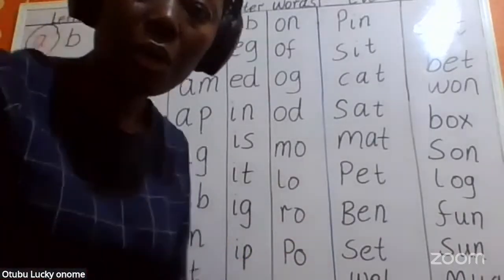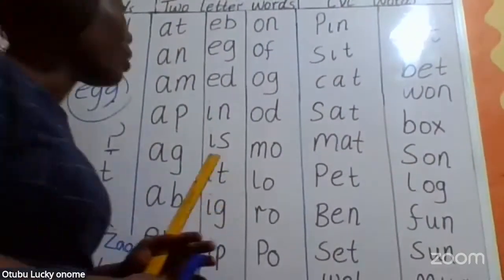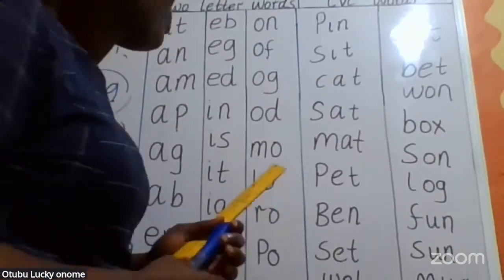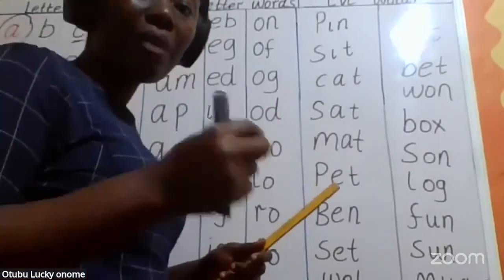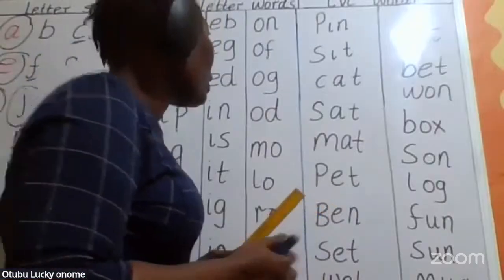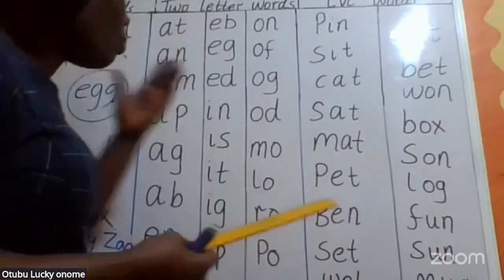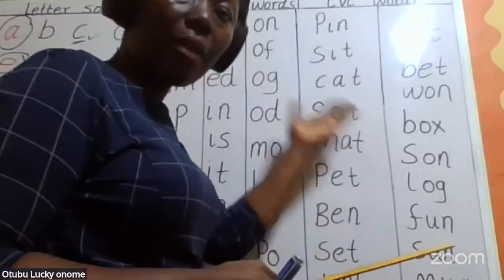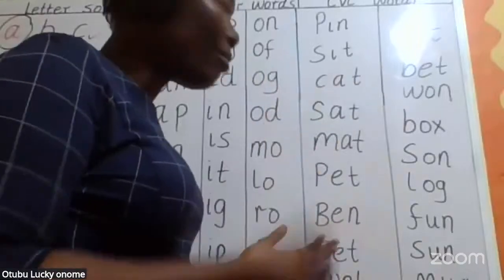Now the next thing we are going to look at is CVC words, otherwise known as three-letter words. CVC means consonant, vowel, consonant. All these individual letters we learned, when we put them together, they can give us even more. You can have five-letter words, six-letter words, seven-letter words, and so on.